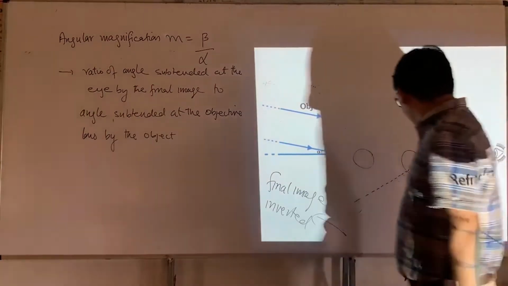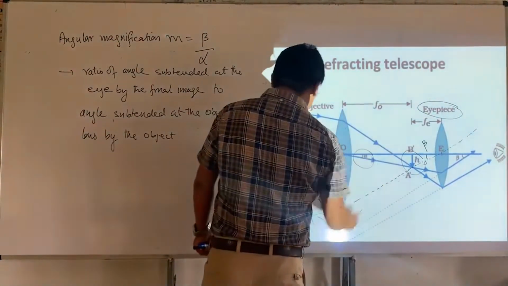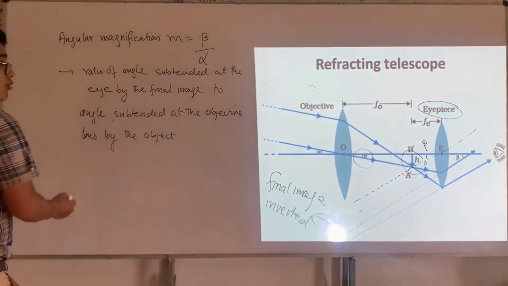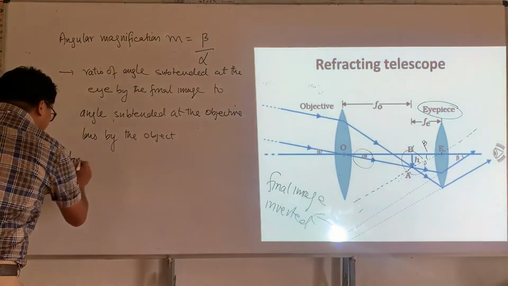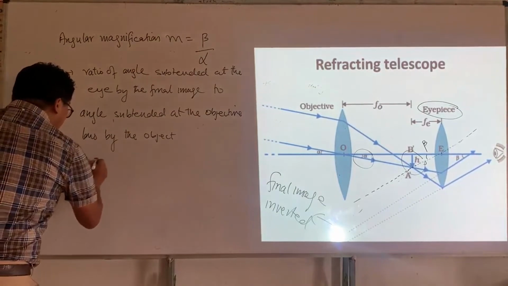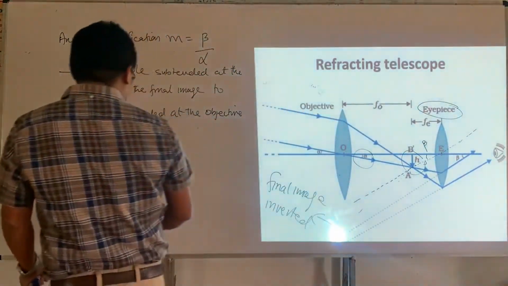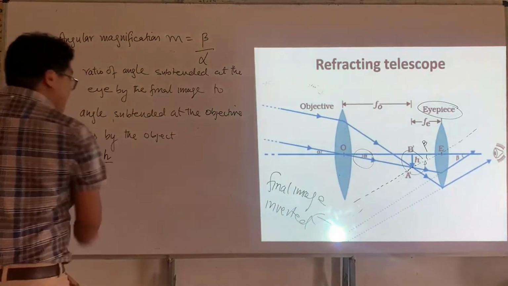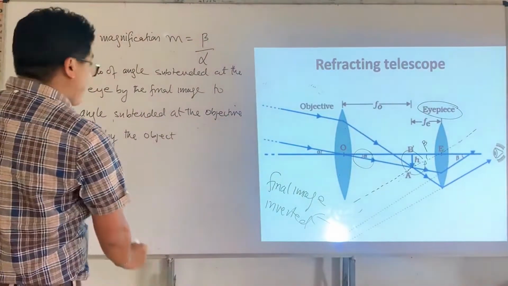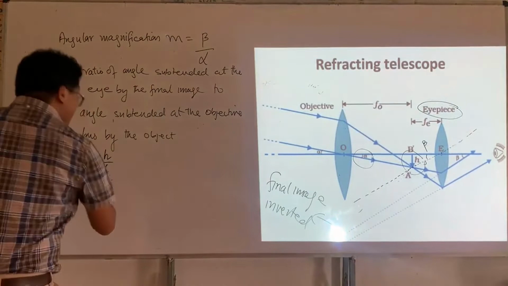Why? Because the image is at infinity, this is beta. So now how to find out? Tan beta is how much? Tan beta is equal to h divided by fe.